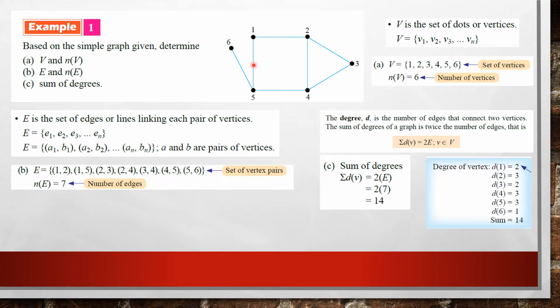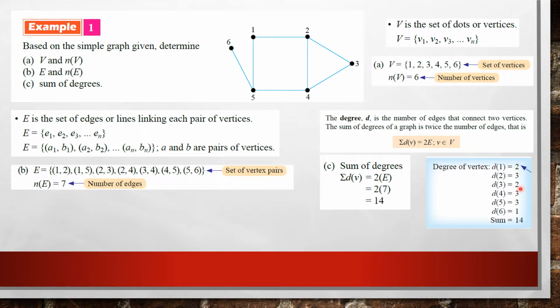There are 2 lines, so degree 1 is 2. Then the degree for vertex 2: how many lines are coming out from this dot? 1, 2, and 3. So the degree of vertex 2 here is 3.